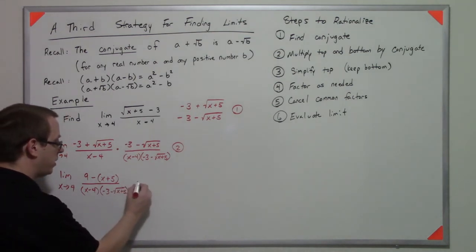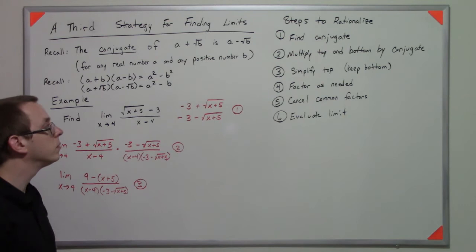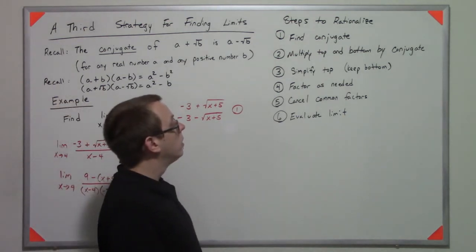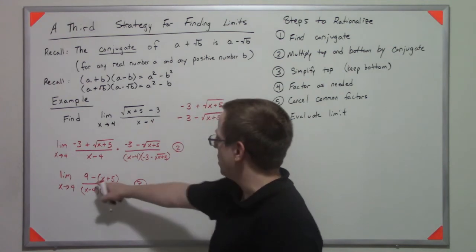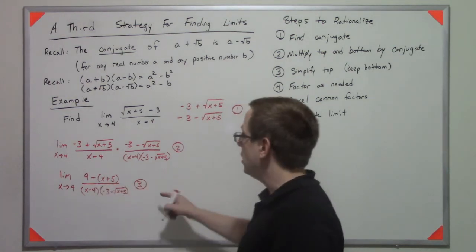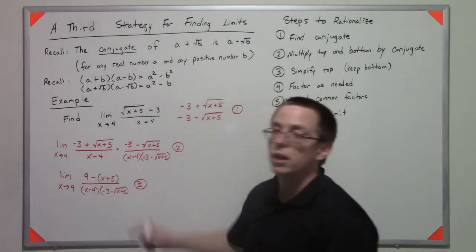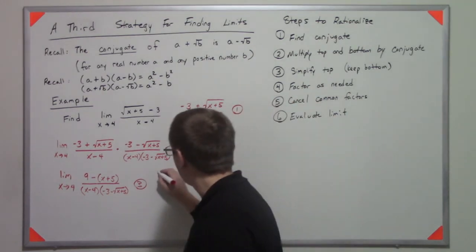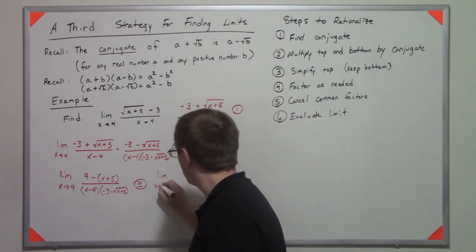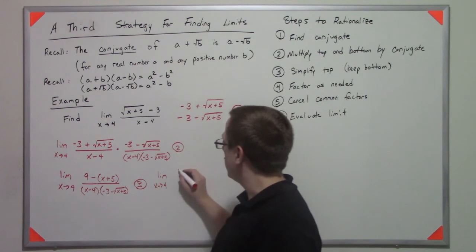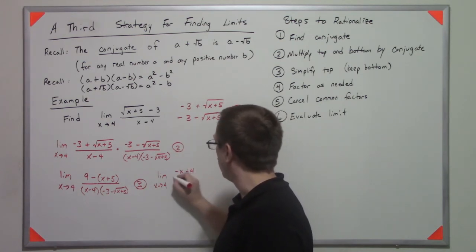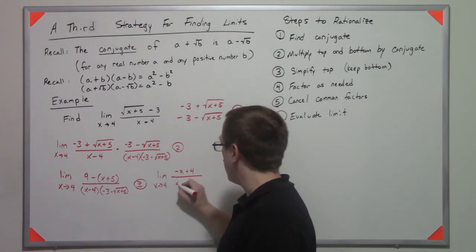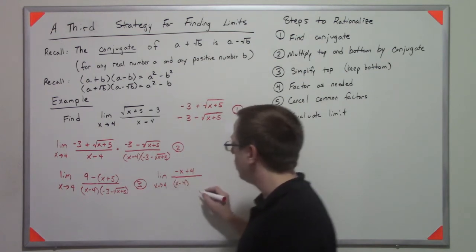So that's step 3. Really we're still on step 3, because I need to simplify this. If I distribute the negative and simplify, I get negative x plus 4 over x minus 4.